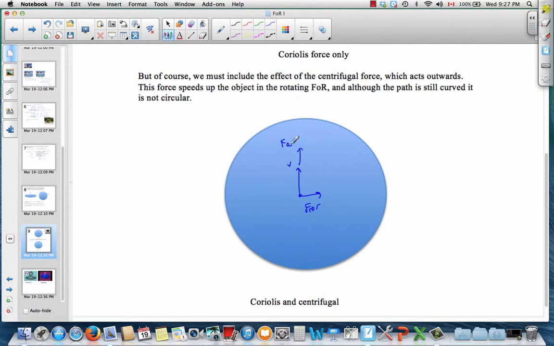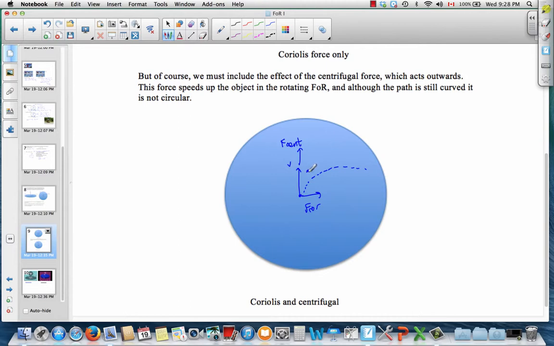So as a result, instead of, say, here, if we'd ended up there with just the Coriolis force, we're going to be deflected a little bit this way. So if this was our circular arc earlier, because of the centrifugal force, we're actually a little bit further in the y direction than we would have been otherwise.